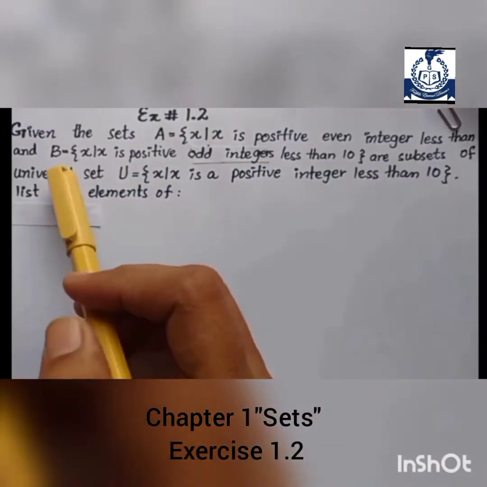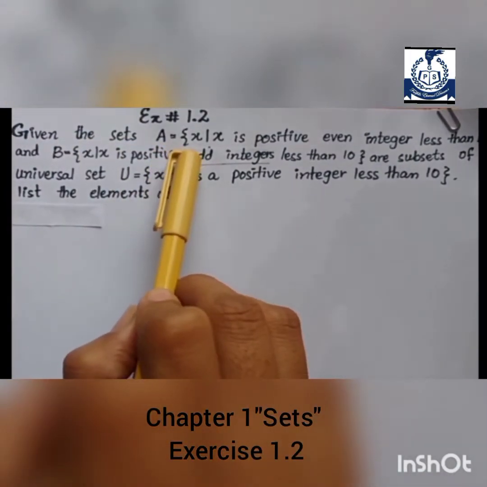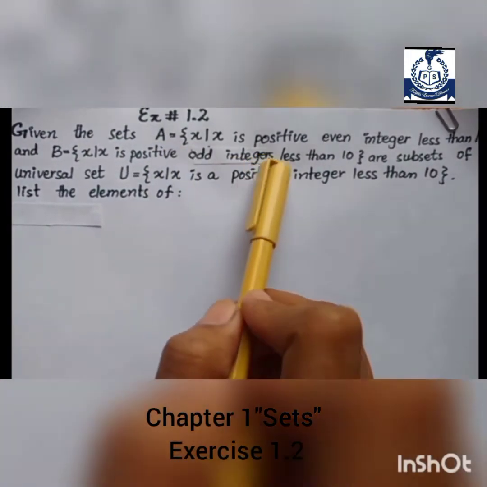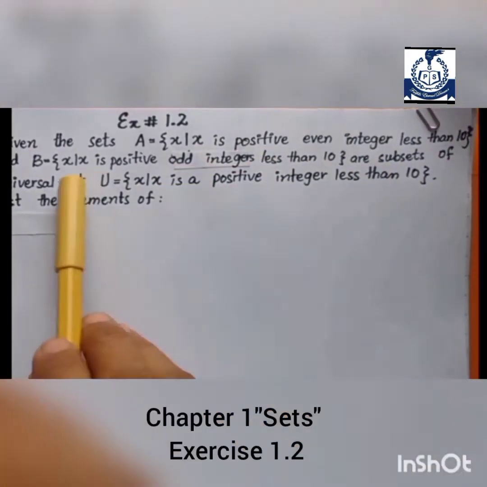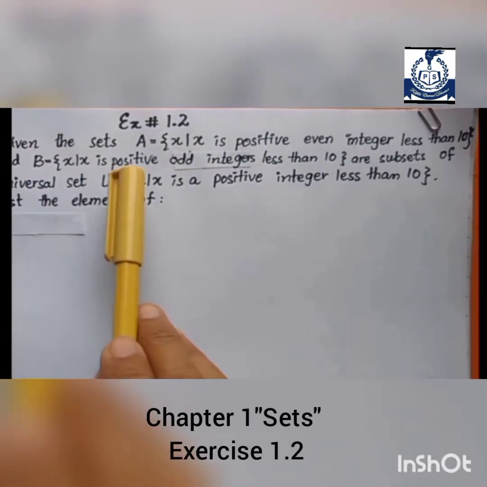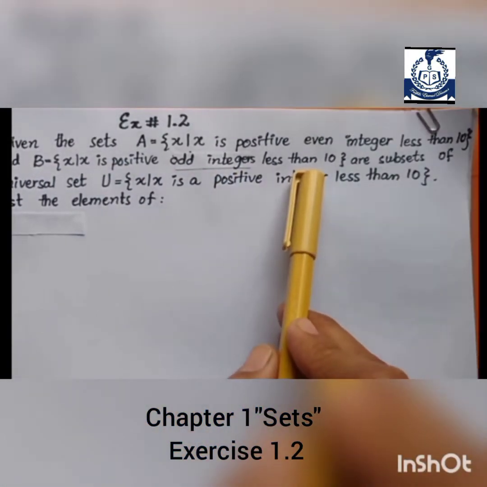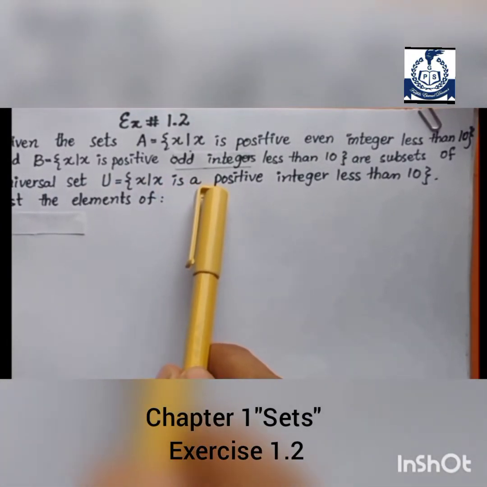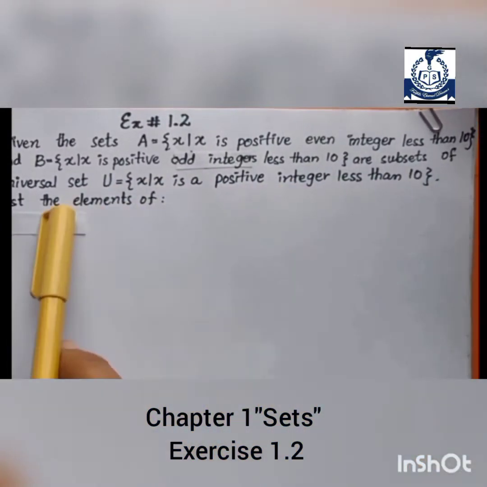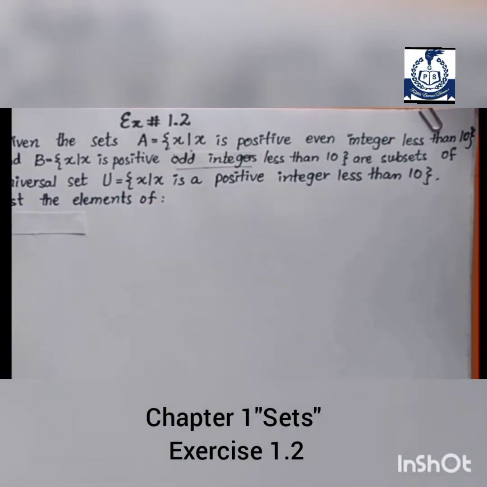Question number 2: given the sets A is equal to x such that x is a positive even integer less than 10, and B is equal to x such that x is a positive odd integer less than 10, are subsets of universal set U is equal to x such that x is a positive integer less than 10. List the elements.